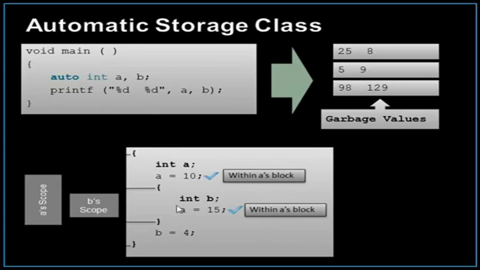It is also inside b's block, but yes, it is inside a's block, so it is eligible for this statement. Now if you assign the value 4 to b, or any other value, outside b's block, outside b's scope, it is not possible because it is not in b's block.